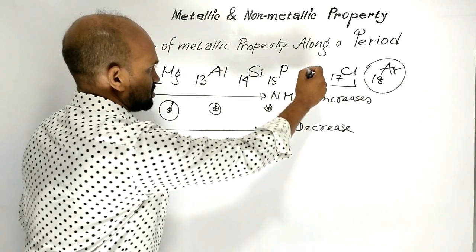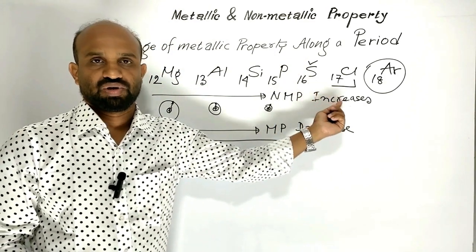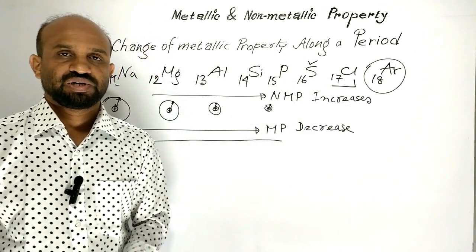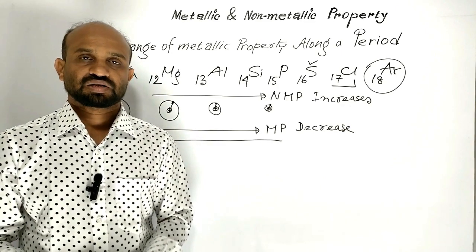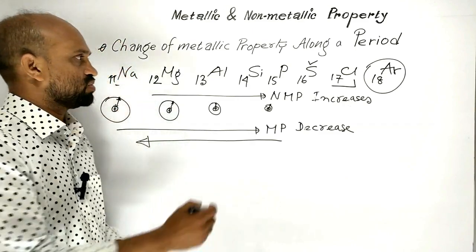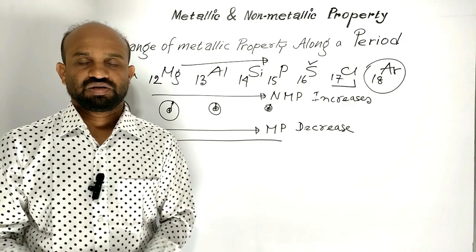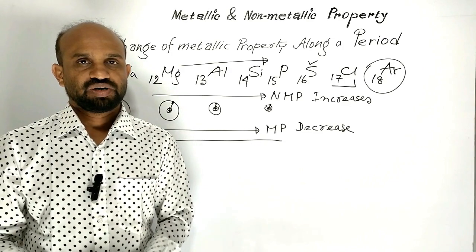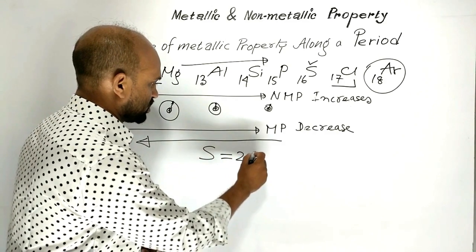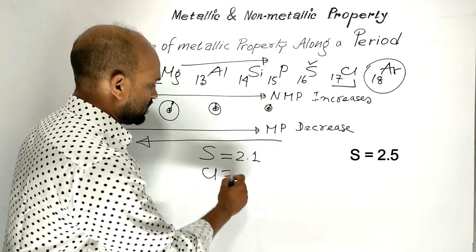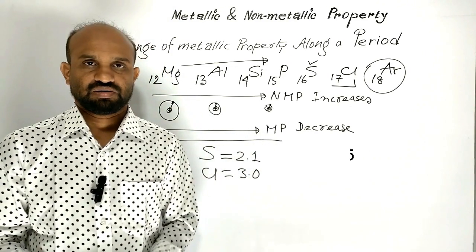Because here we see that electronegativity of sulfur is lower than chlorine. Chlorine's electronegativity is higher than sulfur. That is, electron accepting character increases from left to right. Non-metallic property increases. Electronegativity of sulfur is 2.1, chlorine is 3.0.